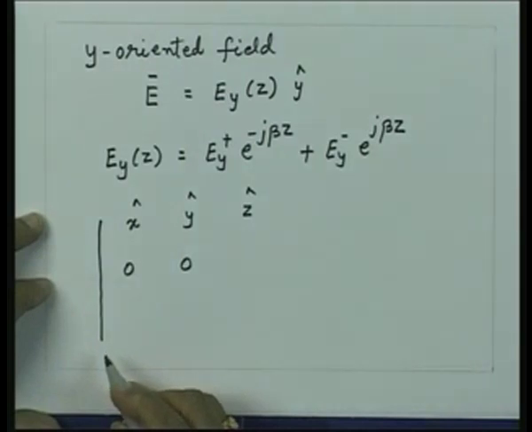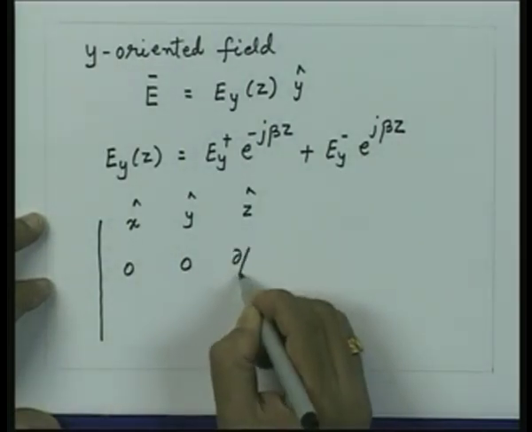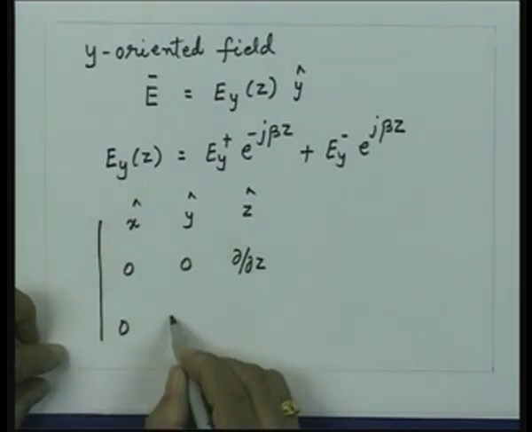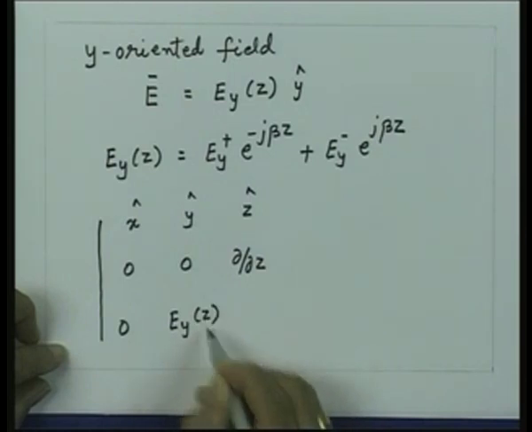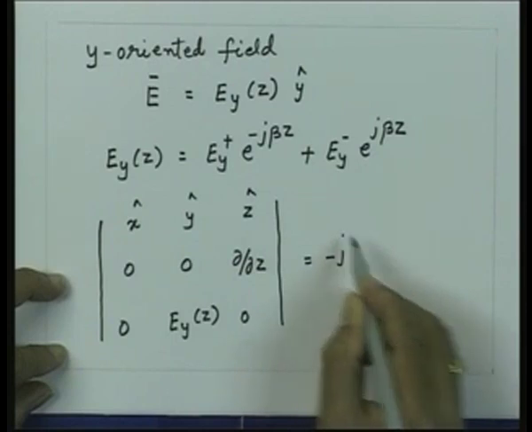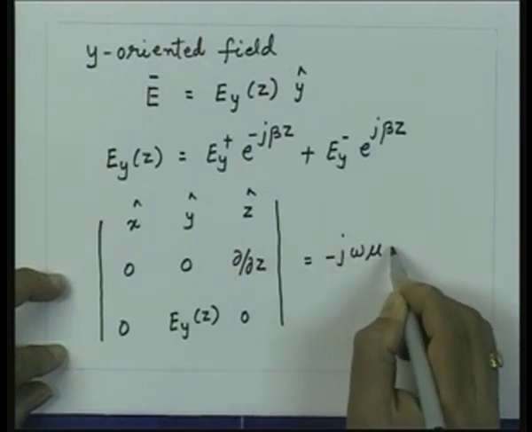Again, the field is not varying in the xy plane, it is varying only as a function of z, but the field is y oriented. So, I have here Ey as a function of z, 0, that should be equal to minus j omega mu into h.